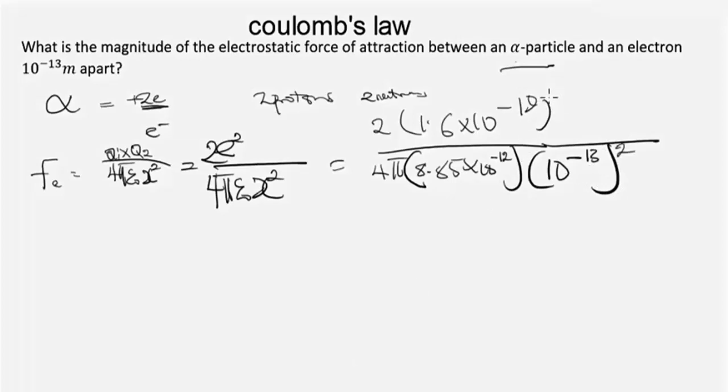So let's recall that this is squared and this is also squared. Now let's punch this into our calculator and see what we have as the result.